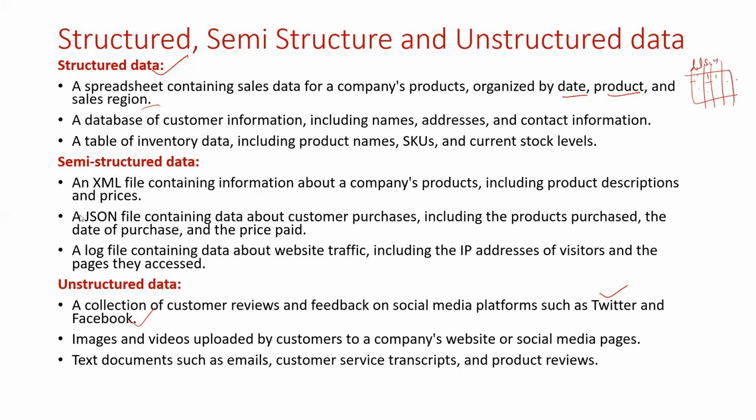Similarly are the JSON files or some log files. Log files are specific to a particular application. For example, this IP number sent data using this protocol. So logs are again semi-structured data. So data can generally be categorized into 3 categories: structured, semi-structured, and unstructured.